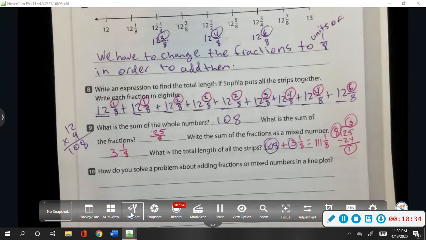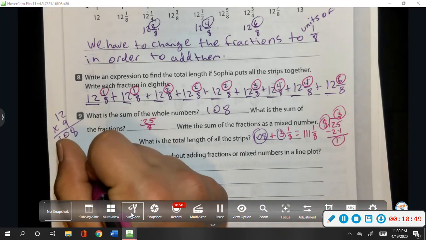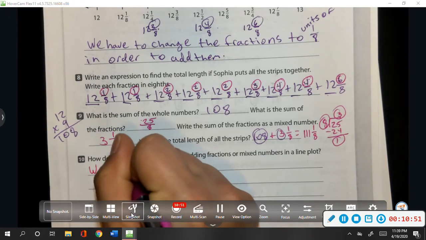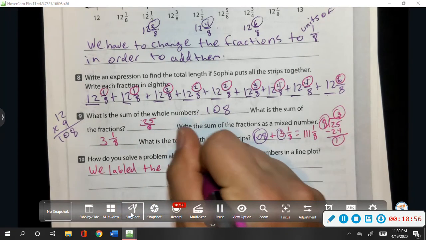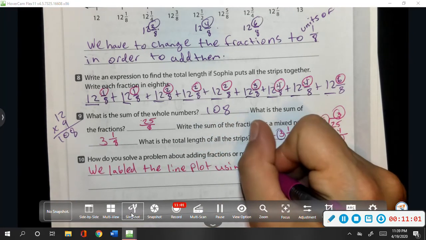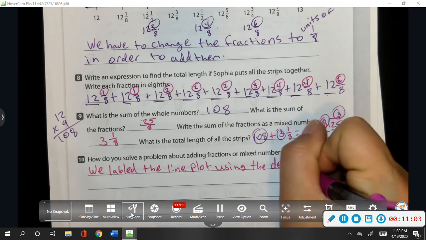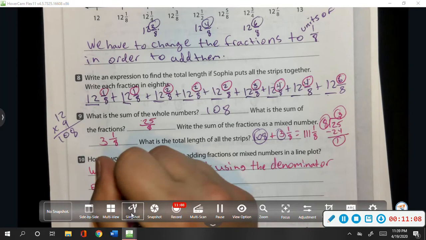Number 10 is asking, how do you solve a problem about adding fractions or mixed numbers in a line plot? Well, basically what we did was we labeled the line plot using the denominator of the smallest unit fraction.